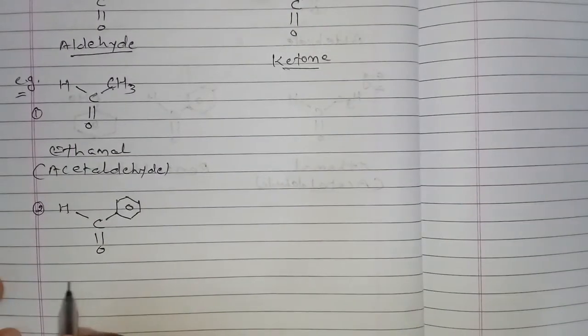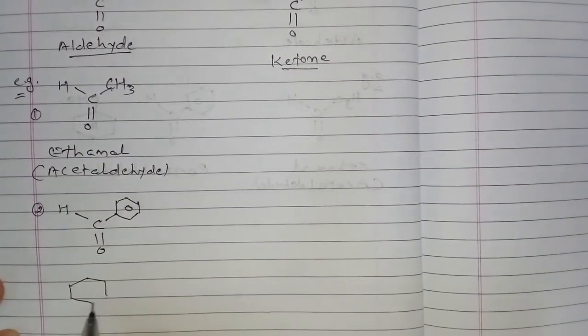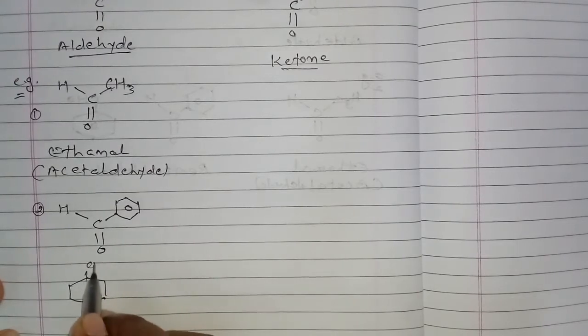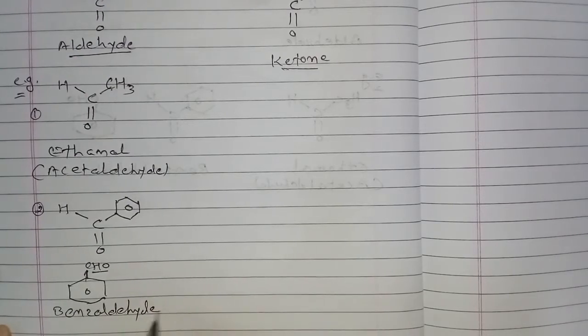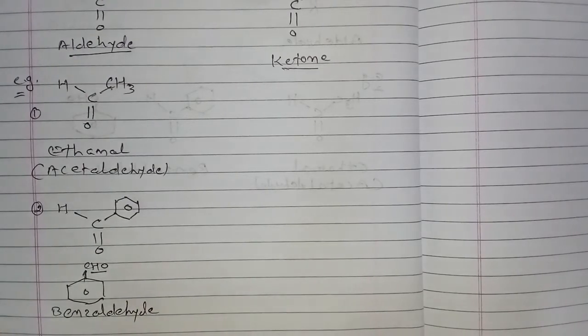Its simple structure is C6H5CHO, the benzene ring with the aldehyde group, and it is benzaldehyde.